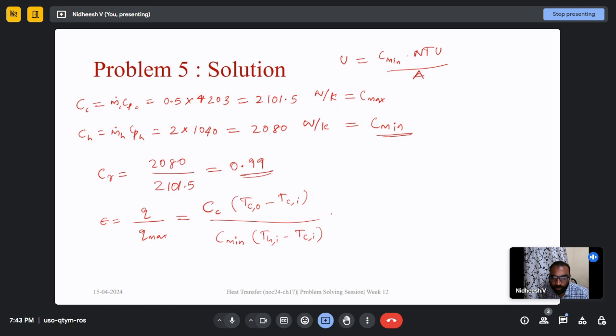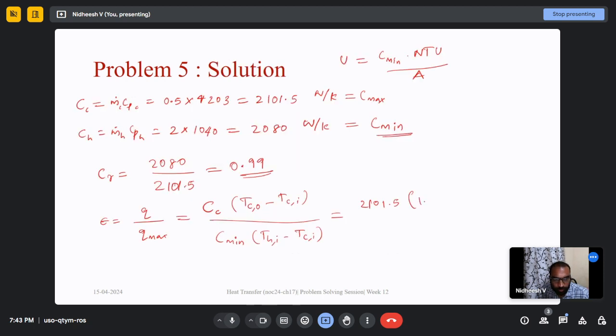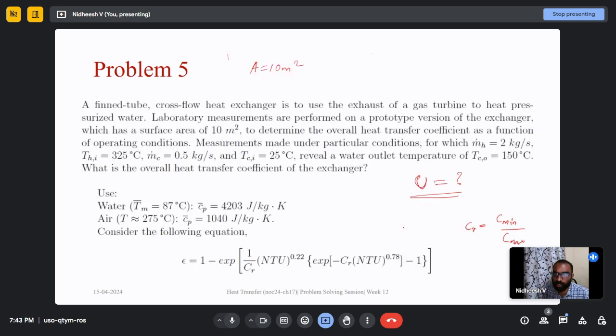Let's try to substitute these values. (150 minus 25). C minimum, that is 2080 into hot inlet minus cold inlet, 325 minus 25.